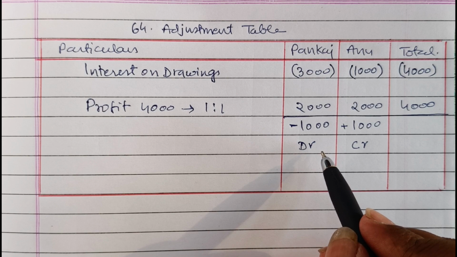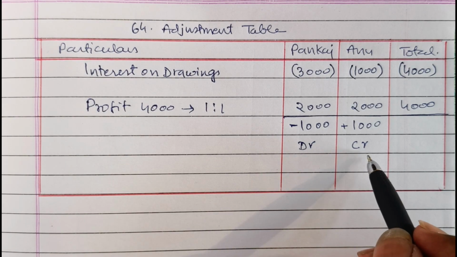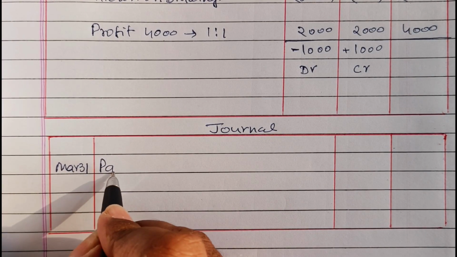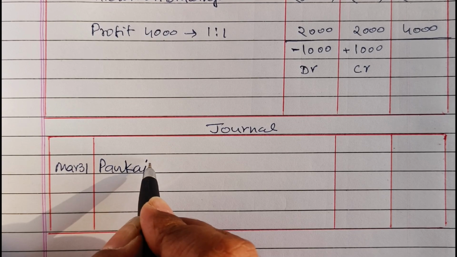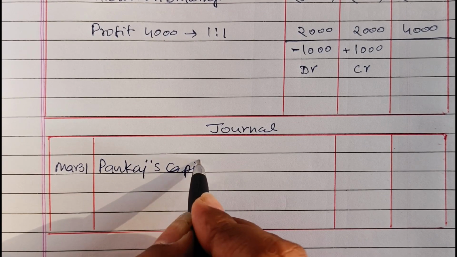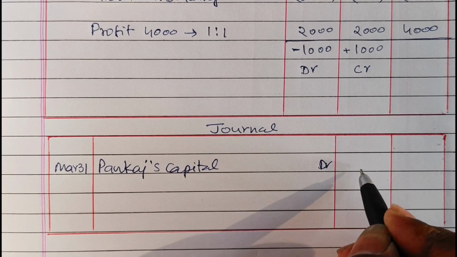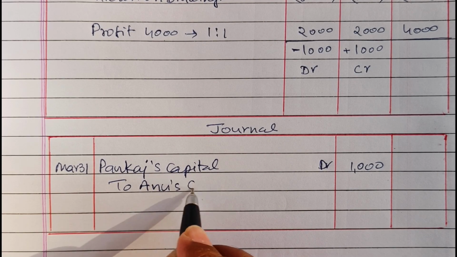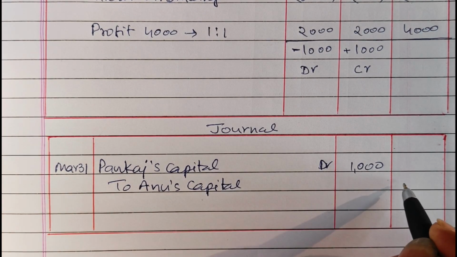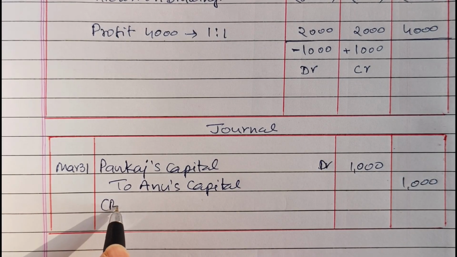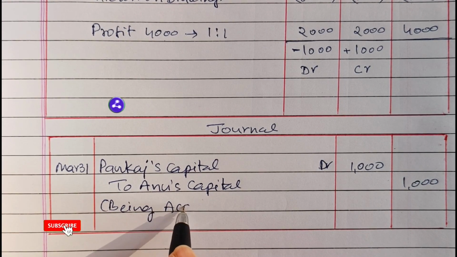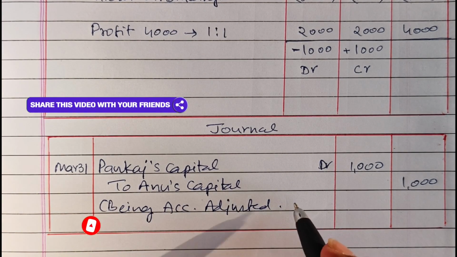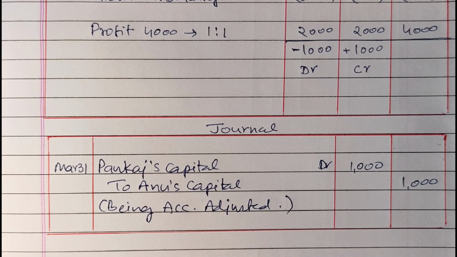So in this way, the capital account of Pankaj will be debited with rupees 1000 and the capital account of Anu will be credited. So this way the rectification will take place by adjusting their capital accounts.